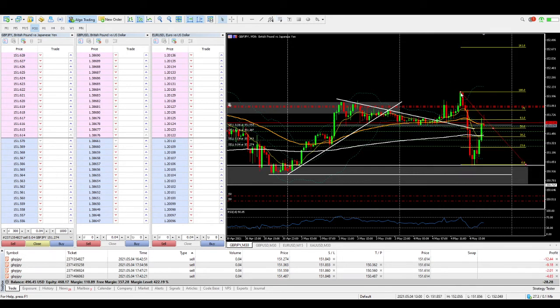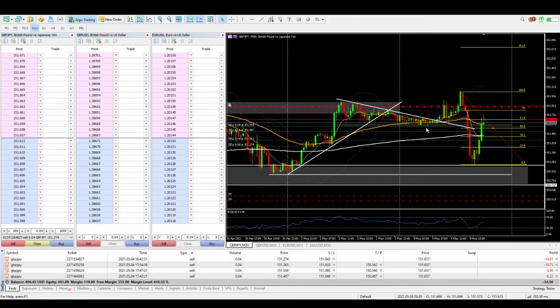Because from the top, it went down and went back to test the 61.8. So it can also go up to the 75. It tried to go up to the 75, went down. So it's now in between 61 and the 50.